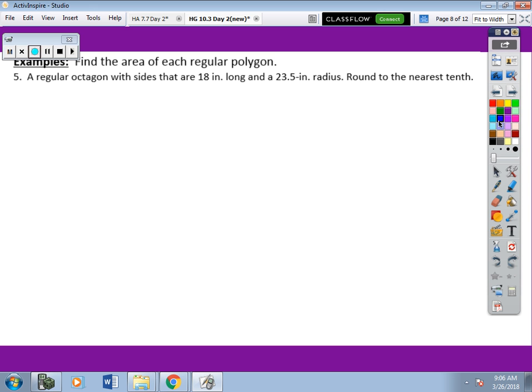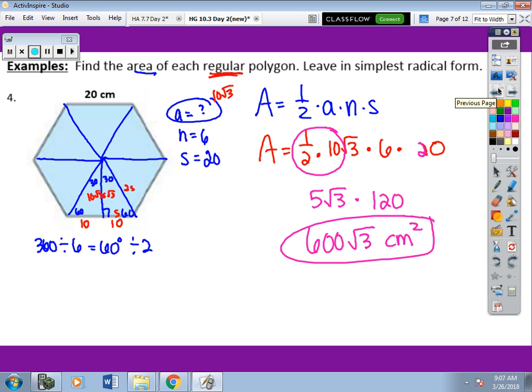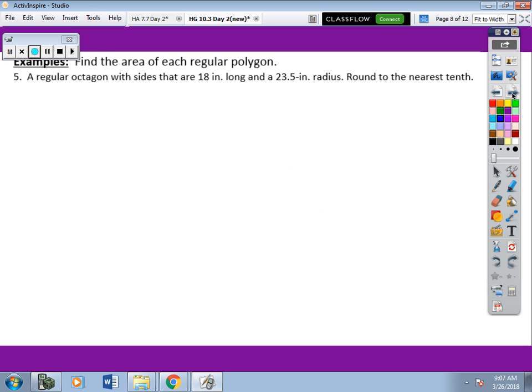Now, sometimes they won't give you a picture, so you probably want to draw one. If you want to draw an octagon, you can. You also could just draw the triangle that's going to be inside the octagon if you don't want to have to draw the whole thing. Some people aren't great at drawing an octagon, but eight sides.